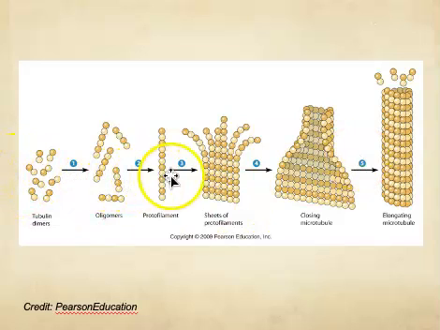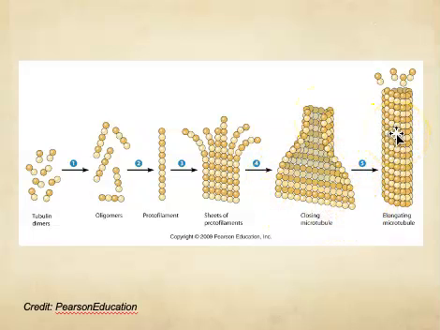So this is how a microtubule is first assembled at the centriole, starting with the tubulin heterodimers, creating the strands, putting the strands into a sheet, and then bringing the ends of the sheet around and connecting them so that you get the tube.